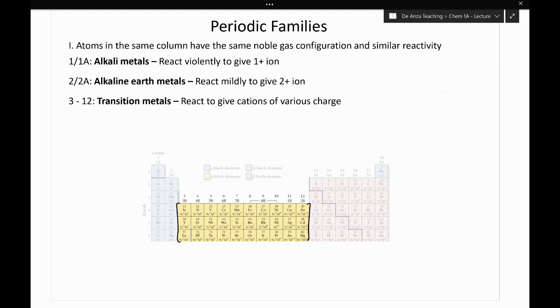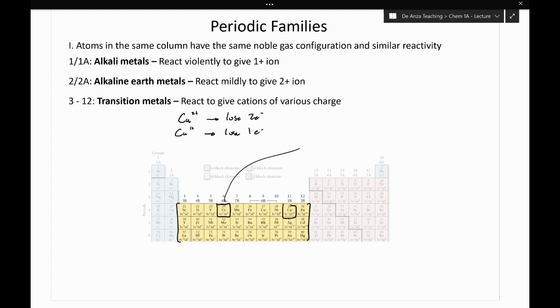And so if we look at things like copper and chromium, when they react, or more specifically, when they form different chemical compounds, they end up forming ions of various charges. Copper can have a 2+ ion or a 1+ ion. And we can remind ourselves that the way that we get these ions is that we either lose 2 electrons to make the 2+, or we lose a single electron to make the 1+.